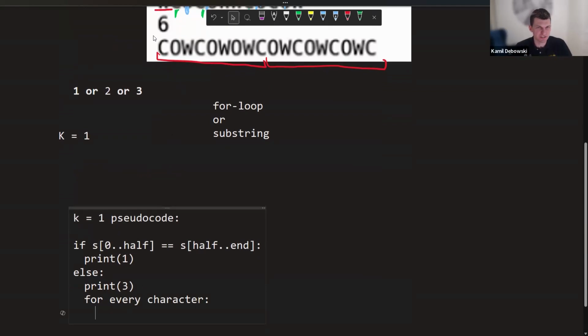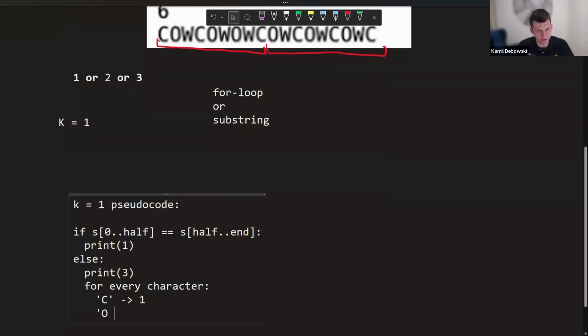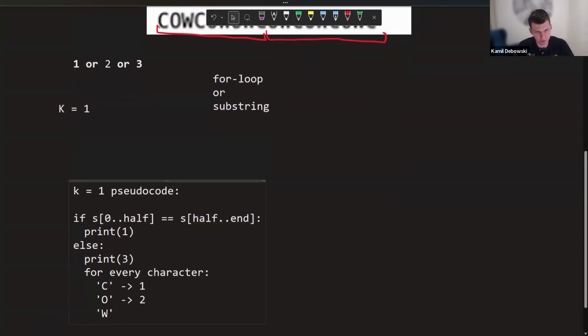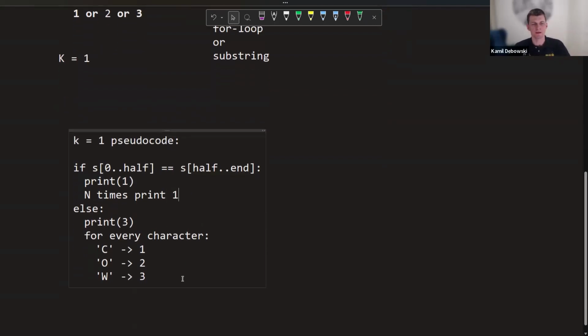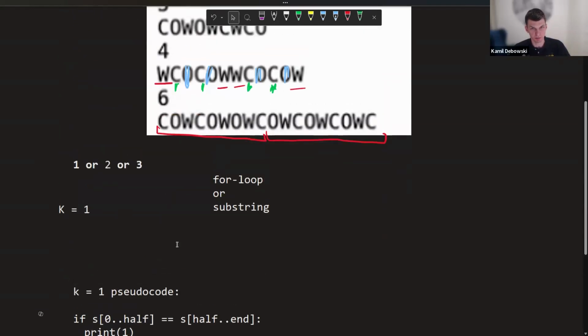We can, for example, say that C we erase first, then O, then W, which means that if we see character C, we output 1. If O, then we output 2. If W, we output 3. And in the case of one operation, we just output 1 all the time, n times print 1. That's the pseudocode solving that subtask mentioned at the bottom of the problem.